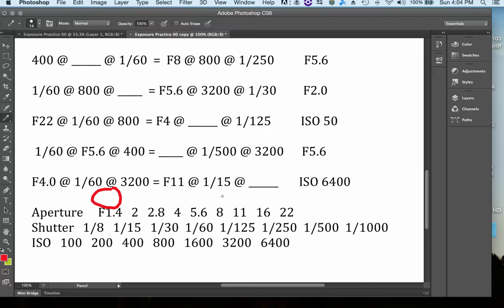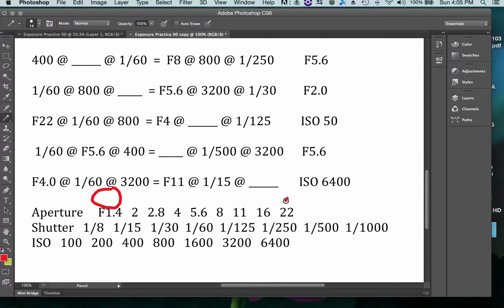Now, the further you go down the line to all the way to an f22, the smaller that iris hole will be. It's going to be very small in f22. It's letting in hardly any light. That's what you would use on a very sunny day, right? You don't want to overexpose, so you want to just keep that iris as small as you can get it.